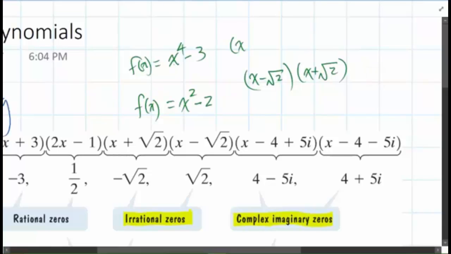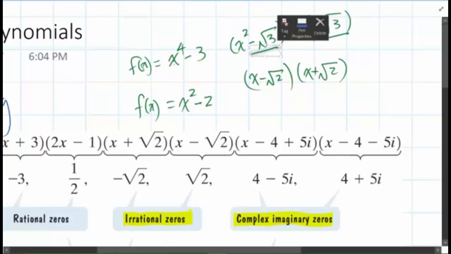This would be x squared minus square root of 3 and x squared plus square root of 3. Well, that wouldn't be in complete factor form, but that would give you a pretty basic idea of why you would have all these pairs.